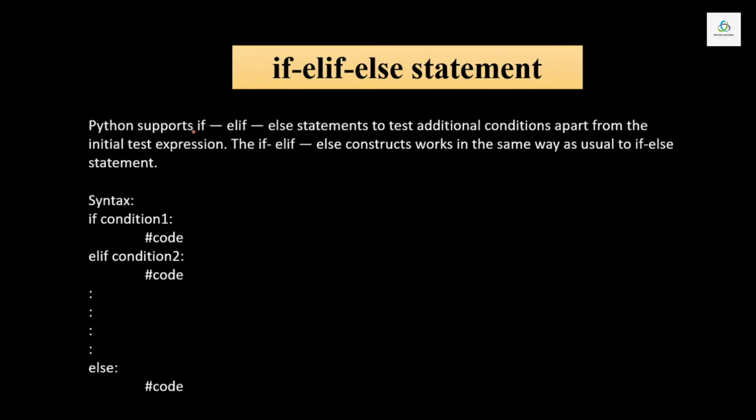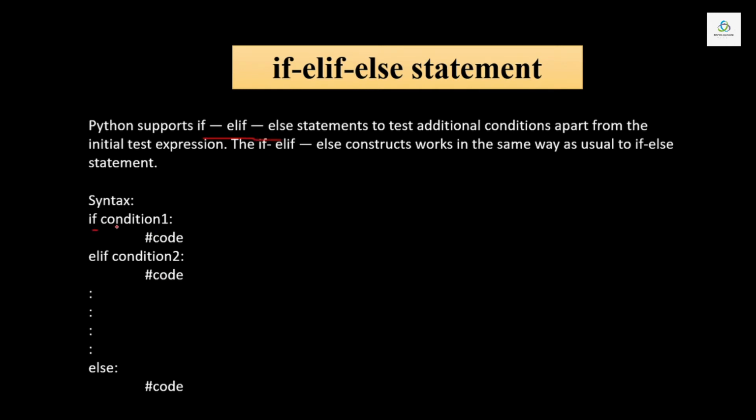Python supports the if elif else statement to test additional conditions apart from the initial test expression. The if elif else construct works in the same way as the usual if else statement. Whenever you want to check multiple conditions, we use the if elif else statement. So what happens?